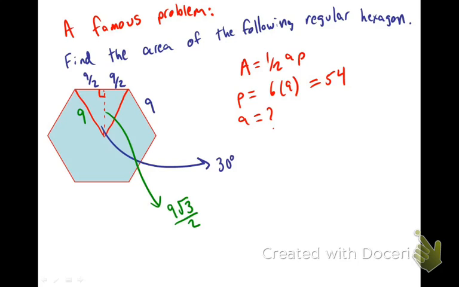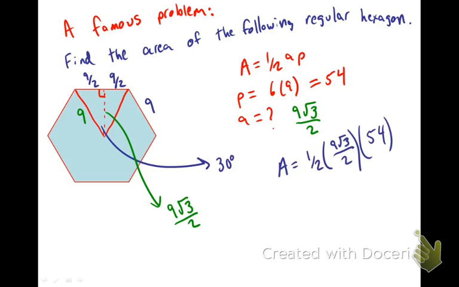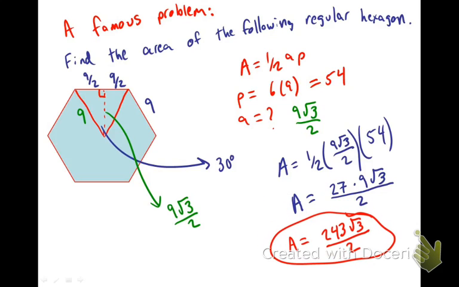So in this case, 9 radical 3 over 2 is our apothem. So we plug those into our formula, and we simplify, and our answer is going to be 243 radical 3 over 2. And this is the kind of answer that you're going to see quite often in a regular polygon problem.